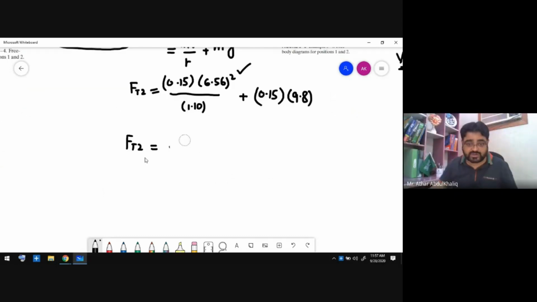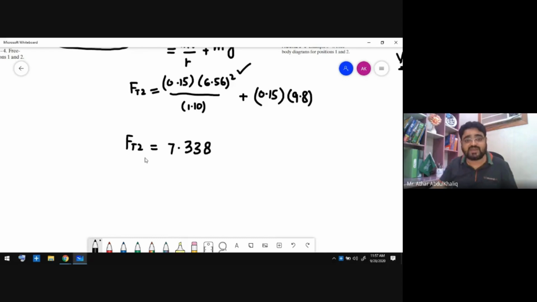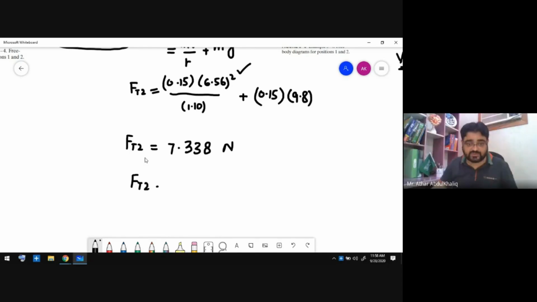So the final answer is 7.338. But this has 4 significant figures. When you convert it to 3, it will be 7.34. Very good. Ft2 is 7.34 newtons. So this is your answer for this question.